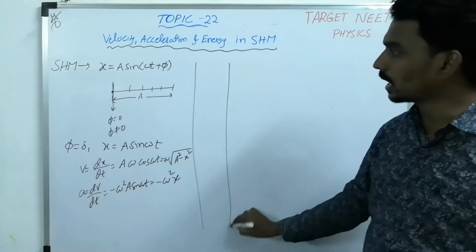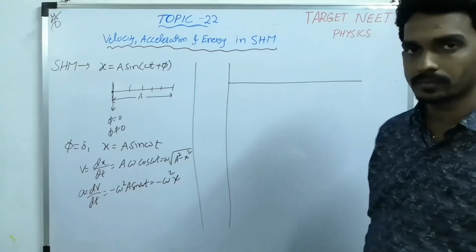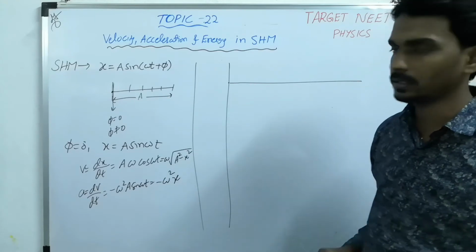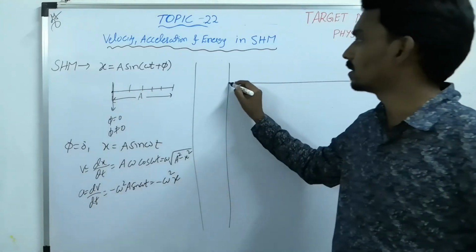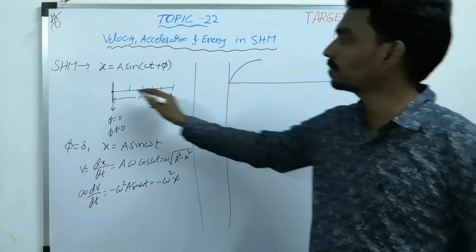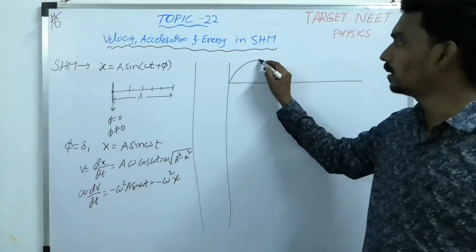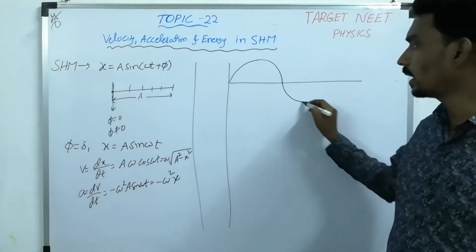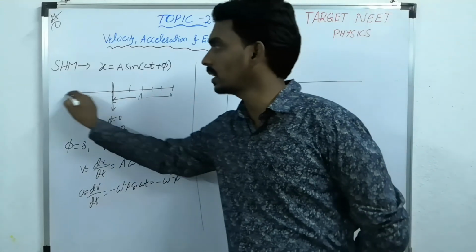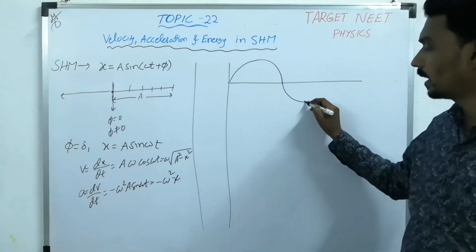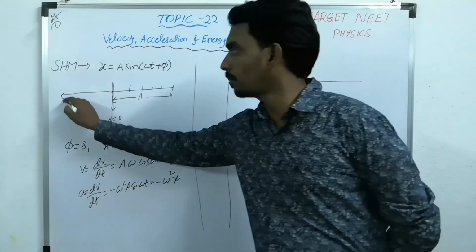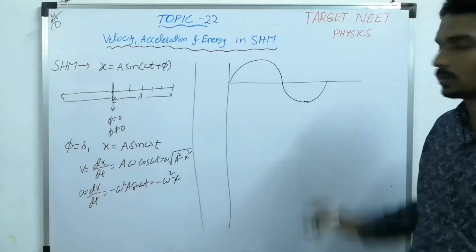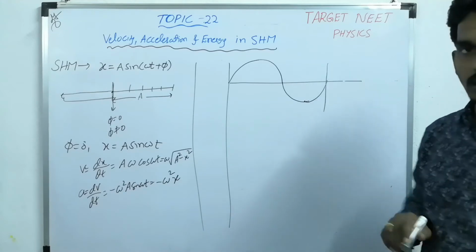Now if you take the graphical representation, the displacement at the equilibrium position is 0, then it becomes maximum on one side, then it becomes 0, reaching the equilibrium position, then again becomes maximum but on the opposite side, negative maximum, then comes back, so this is 0. This is called one oscillation.